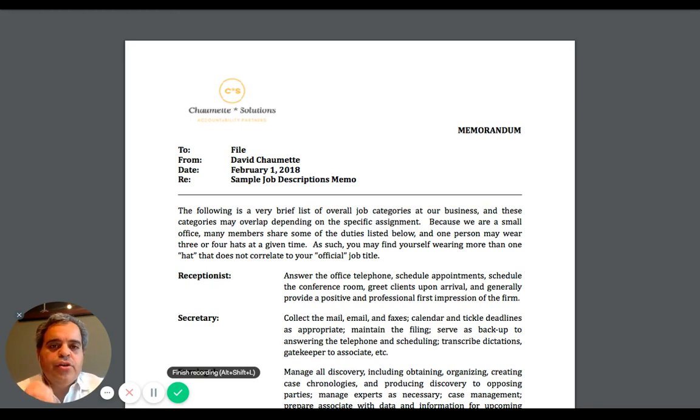Now, here's the challenge. When you are initially setting up these job descriptions, you will in all likelihood not have a specific, singular person in mind for the description itself. In other words, as you can see on this memo here, you may not have a receptionist per se, someone who is specifically tasked with answering the phone or providing receptionist-like functions for you.